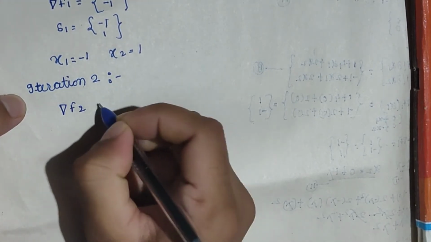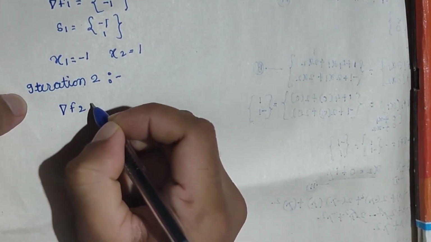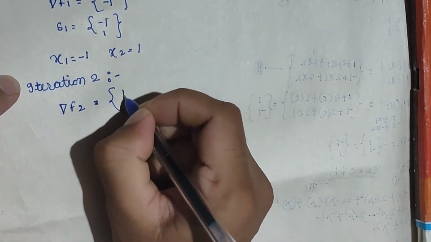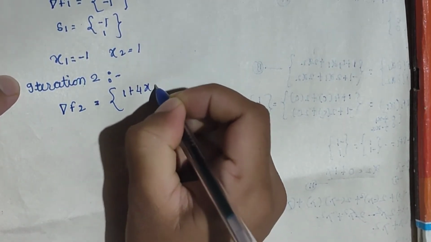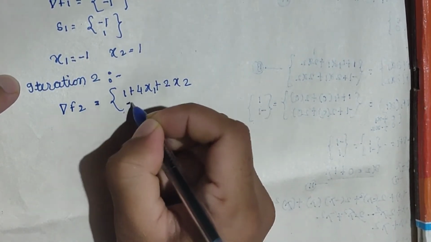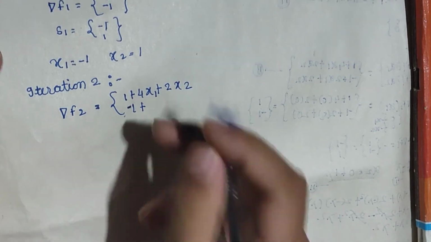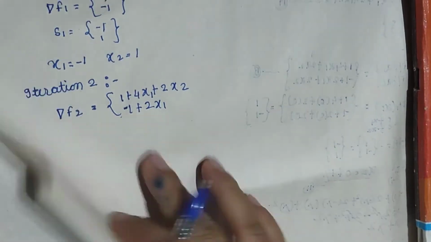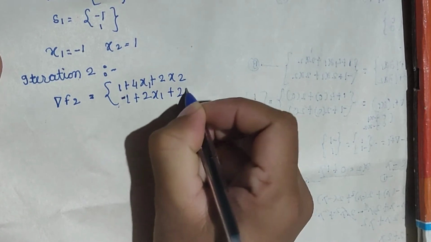Del f2 is 4x1 plus 2x2 minus 1, and minus 1 plus 2x1 plus 2x2.